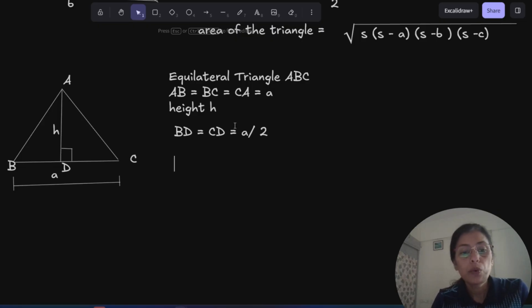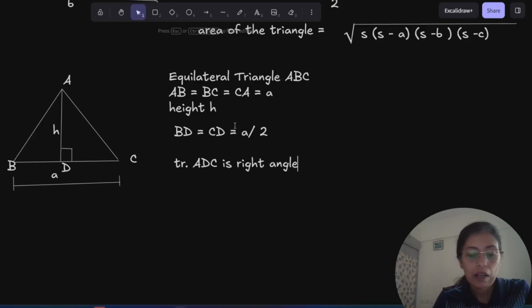Now what we'll do is, this is a right angle triangle, so I should be able to calculate, or maybe I'll just take one triangle. ADC is right angled.